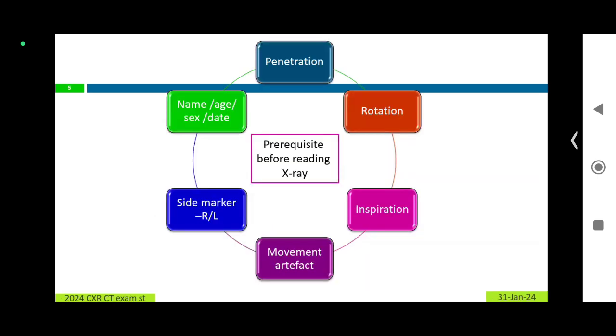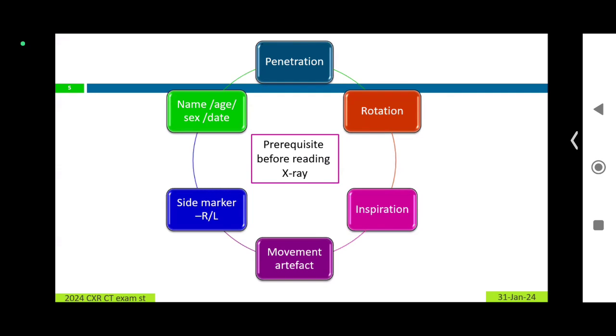So before reading an X-ray, these are the prerequisites. First, the name, age, sex, and date. Then look at whether it is penetrated properly or not, whether there is a rotation or not, whether what you are seeing is an inspiratory X-ray or an expiratory X-ray.